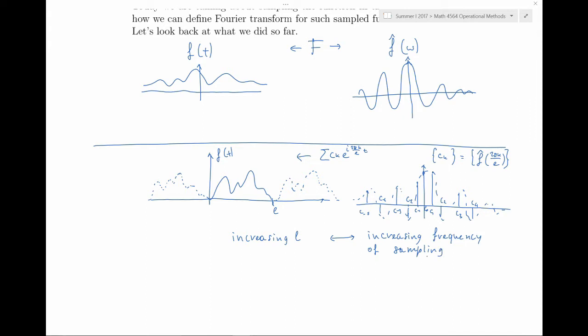The larger the interval 0 to L is, the more frequent are the samples from the actual Fourier transform of the function. And it means that the repetitions of the function grow wider apart.